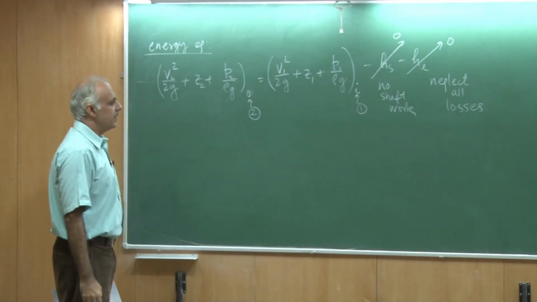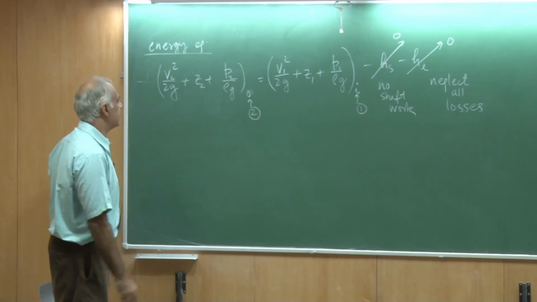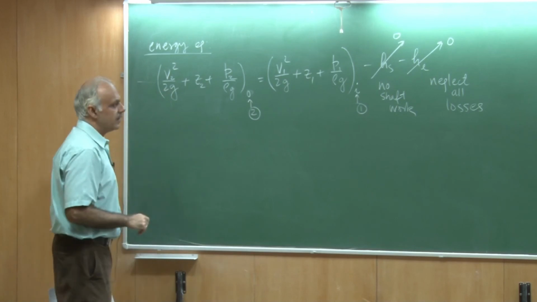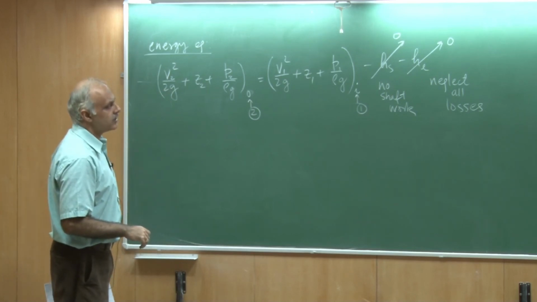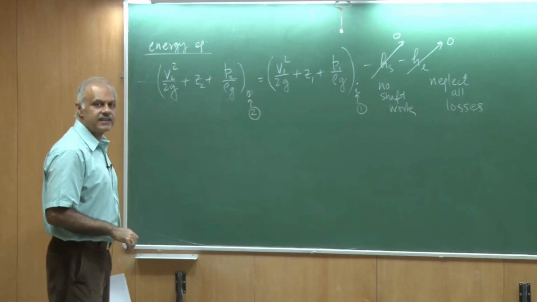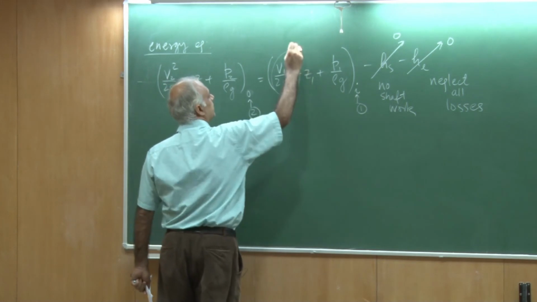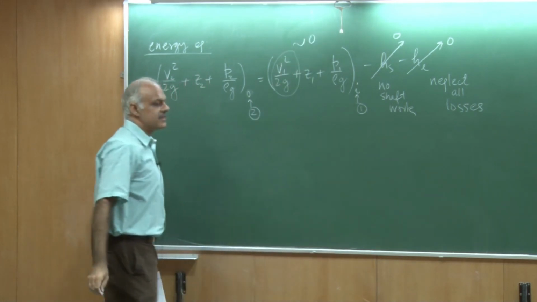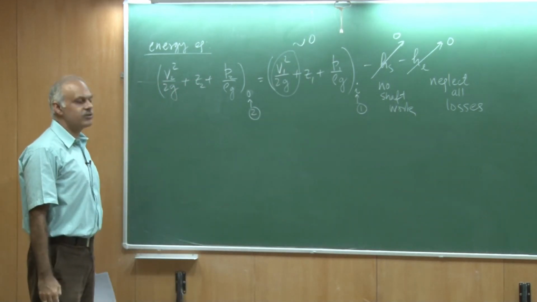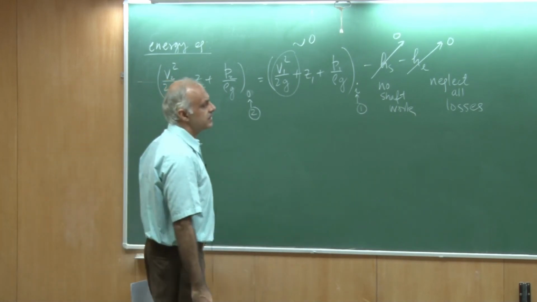Now what can we see from the figure as far as these quantities are concerned? If you recall, we have already shown that the area of the tank is very large, therefore V1 is negligible. So this quantity is very small, so we are going to neglect it. What about Z1?